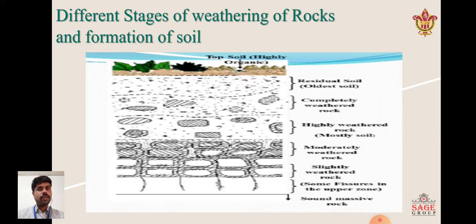After that we can see highly weathered or mostly soil, then moderately weathered rock, then slightly weathered rock, and after that some fissures and upper zone sound massive rock. So these are, we can say, the classification of rock or soil which we will get when we go into the depth of ground or earth.